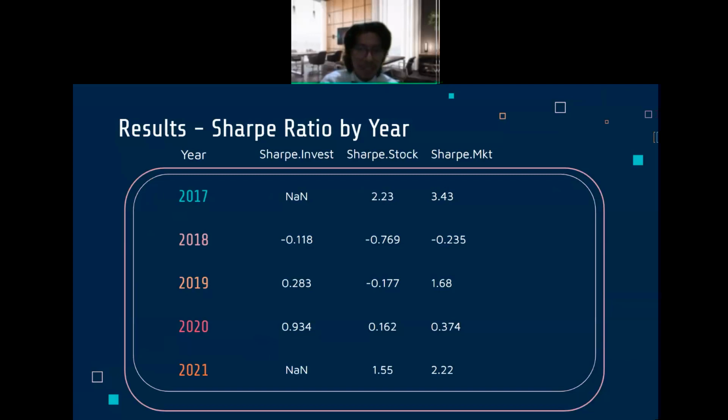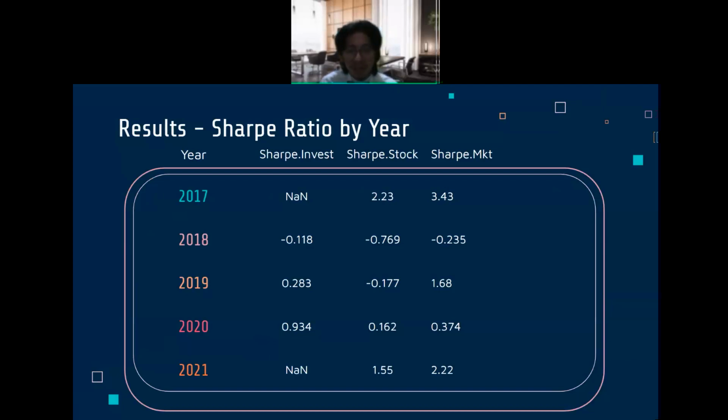In 2019, the Sharpe ratio for the market was 1.68, so it was the highest. It outperformed both our trading strategy and the 3M stock. And in 2020, our trading strategy outperformed both the 3M stock and the Dow Jones market.